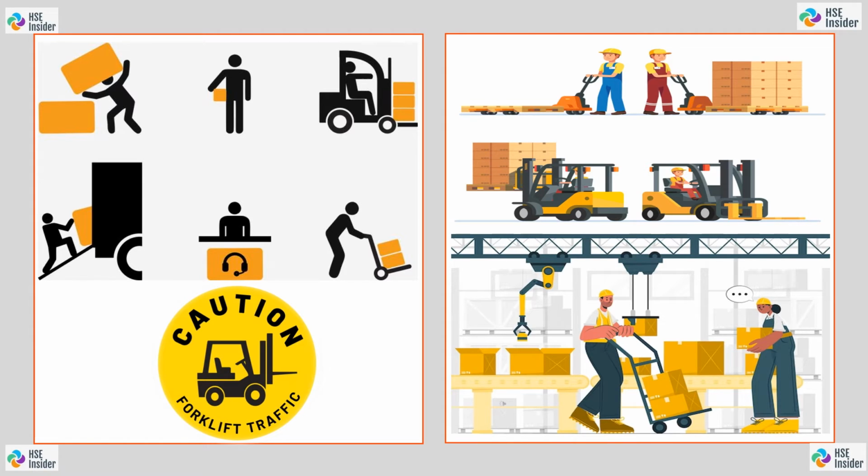Ergonomic tools: use lifting aids like hoists, slings or lifting straps to make heavy loads easier to manage. So instead of manual handling, you use mechanical handling. Workstation design: ensure that workstations are designed to minimize awkward postures or excessive reaching that result in ergonomic injury.